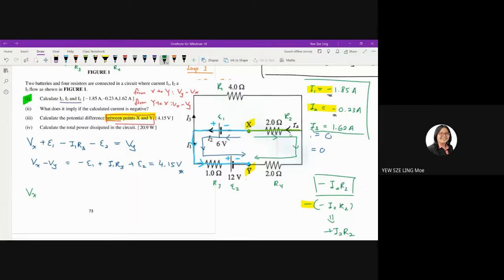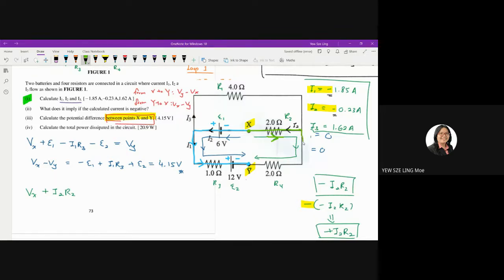But if they are against each other, the negative becomes a positive, so you use a positive value in your calculation because of the opposite direction. So Vx plus I2R2, because now my traveling direction and the current are moving opposite to each other.